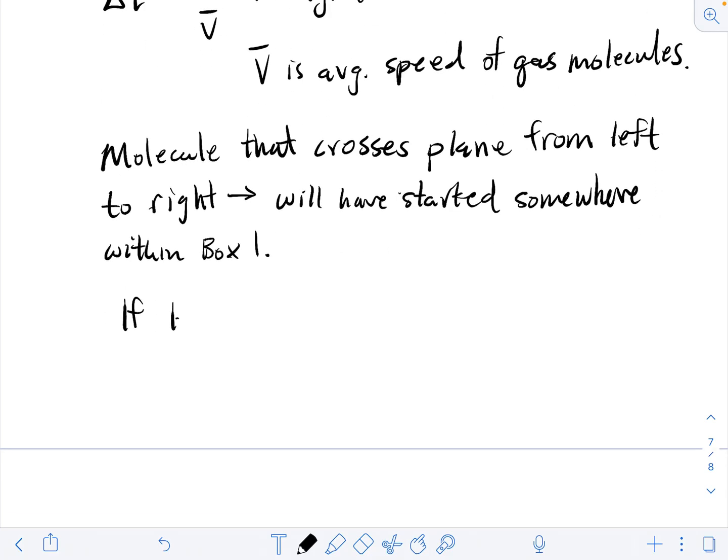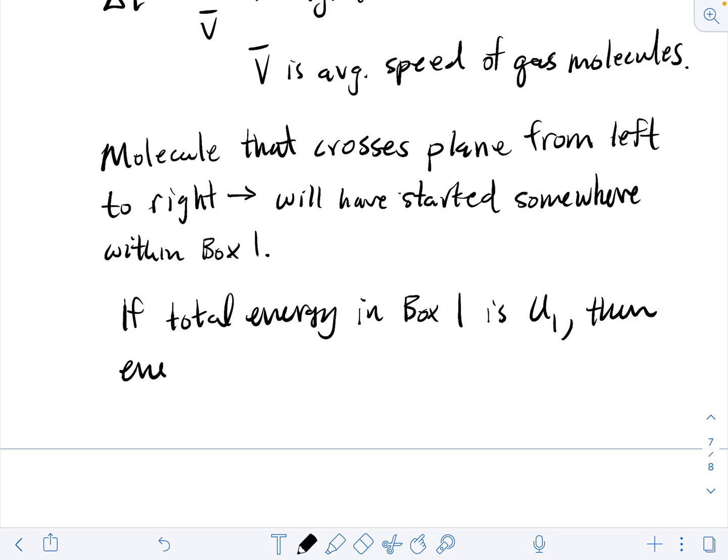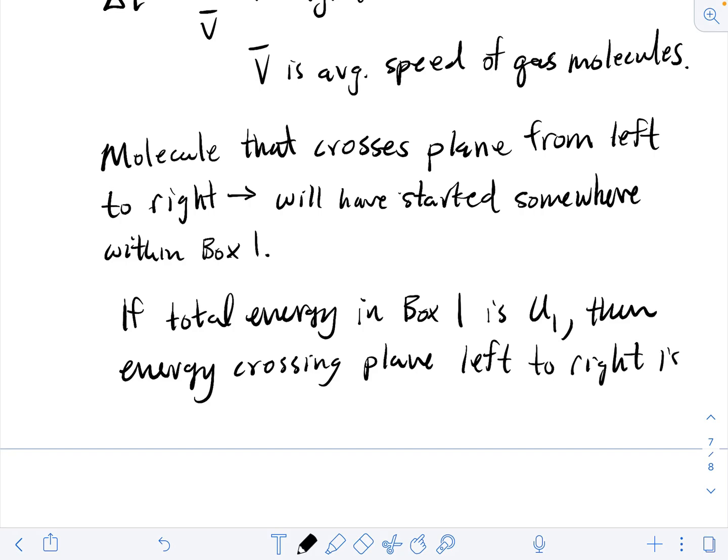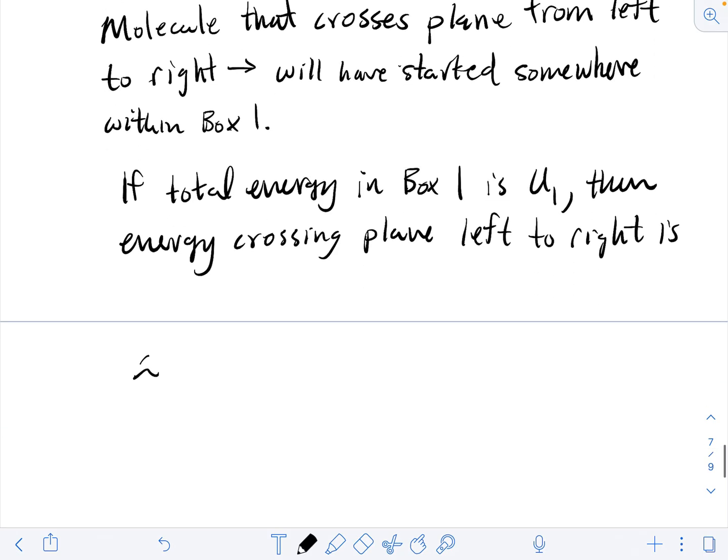Okay, so if the total energy in box 1 is U1, then the energy crossing the plane from left to right is approximately U1 over 2. This is definitely an approximation.